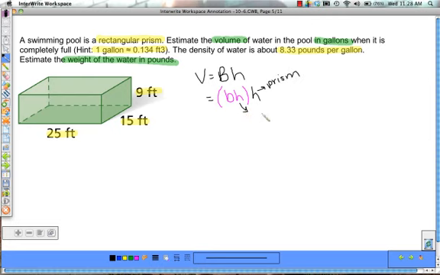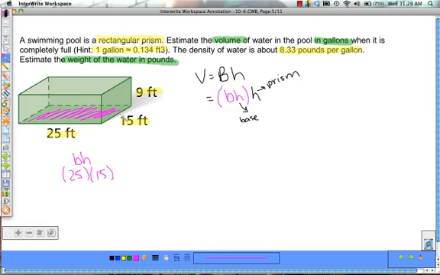This h here is the height of the base. So remember, if you use a second color, it's referring to the base. So if we take that second color, our side work, base times height, our base is 25, and the height is 15, because I'm using this face right here as my base.